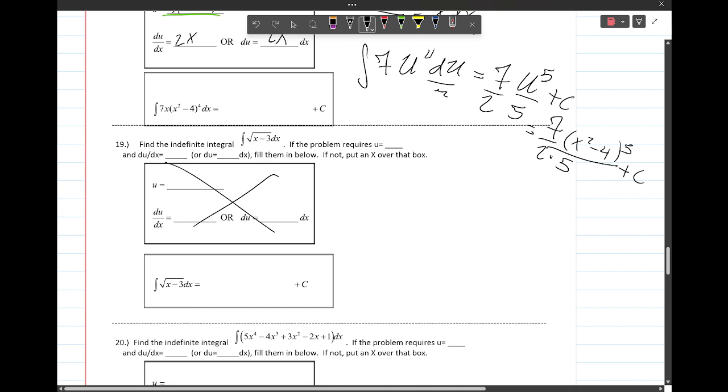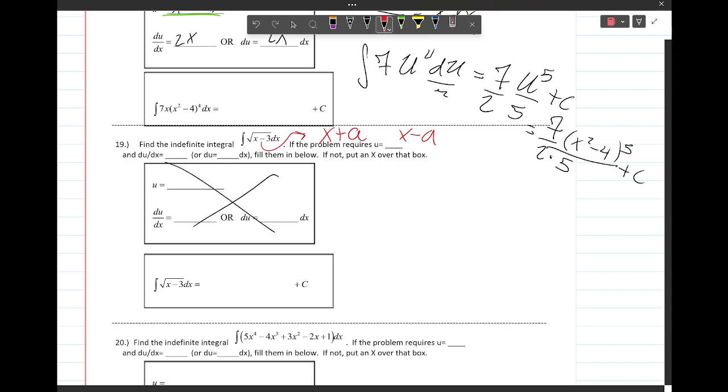Oh, she might say you need to use it. Yeah, so when you have just a scaling and it's just x plus a or x minus a, you don't really need to use u substitution, even though it's not one of the rules we learned.